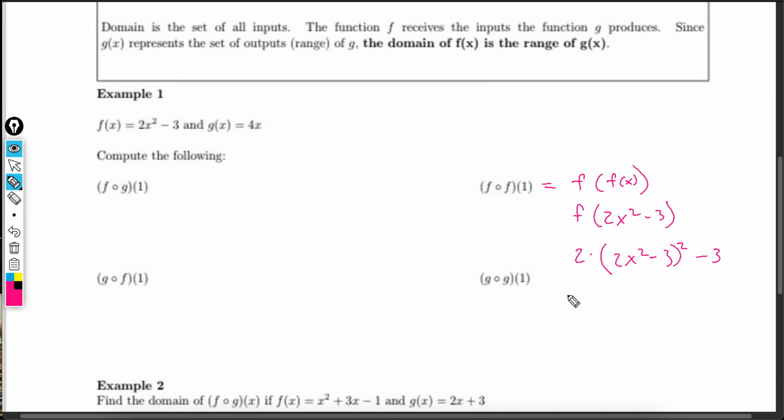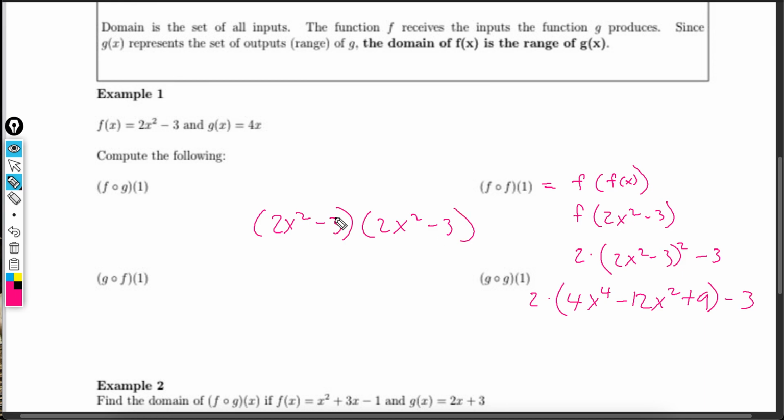If we FOIL all this, it's going to look like this. Since you're taking this kind of class, I shouldn't have to explain how FOIL works. So this guy as a side note would be this.